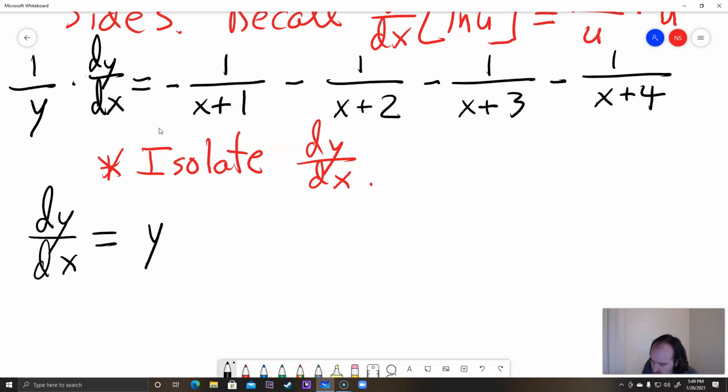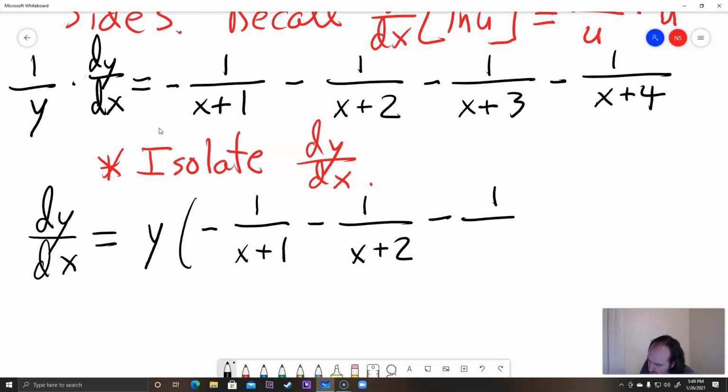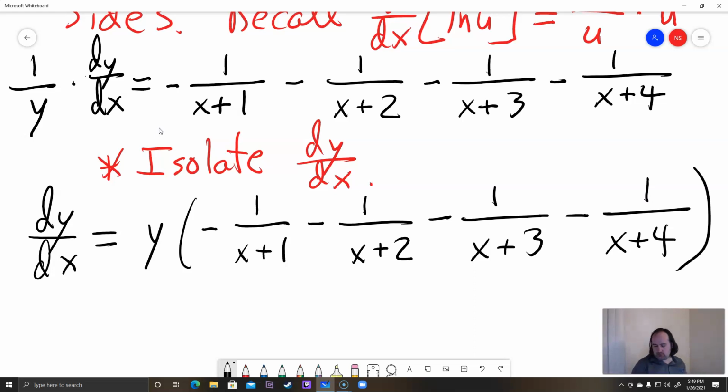So we're going to have y times this huge number of fractions here. So y times parentheses negative 1 over x plus 1 minus 1 over x plus 2 minus 1 over x plus 3 minus 1 over x plus 4. Okay? And just like magic, we're almost done with the problem.